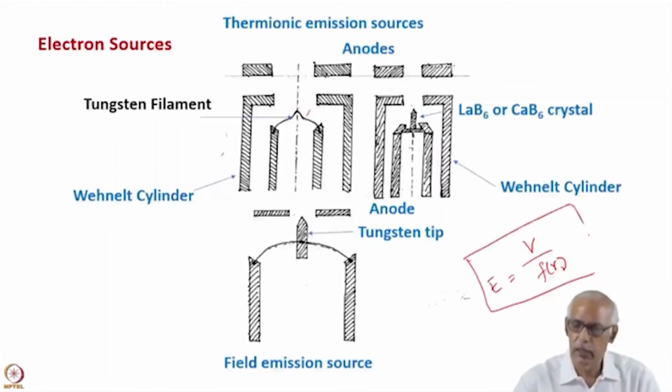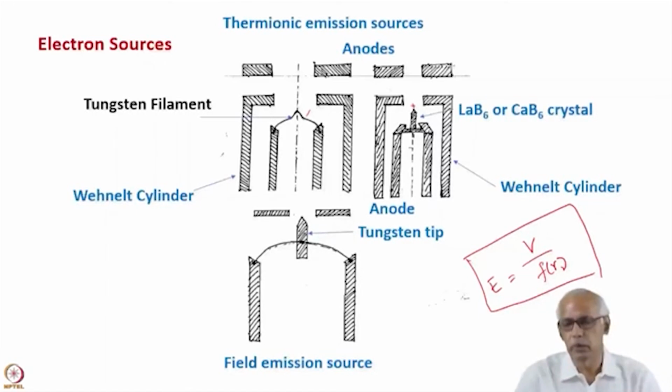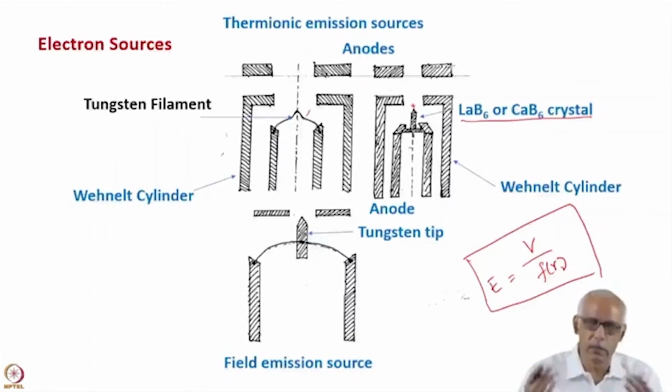So field ionization will take place around this, and a lot of electrons will be coming out. And of course, different kinds of crystals and different kinds of things are used depending upon their properties. And then you can get a lot of electrons. So electron beams even in amperes have been possible, and they have been achieved.